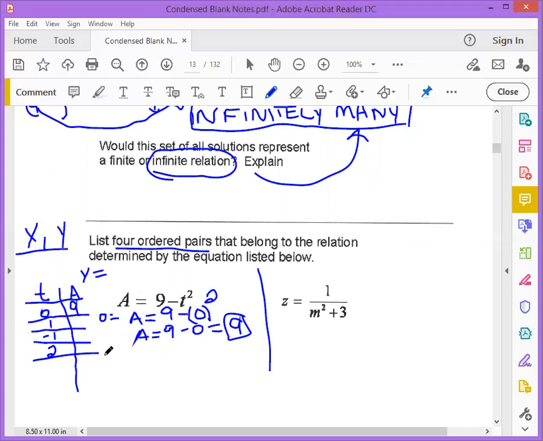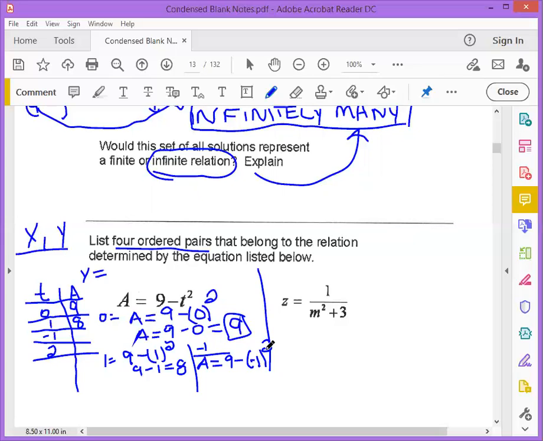Now when we substitute 1, we'll get 9 minus 1 squared, and 1 squared is just 1. So 9 minus 1 would give us 8. 8 we place in that second row. Letter a is equal to 8 when t is 1. Next, we're going to substitute -1 for t. We'll have a equals 9 minus -1 squared.